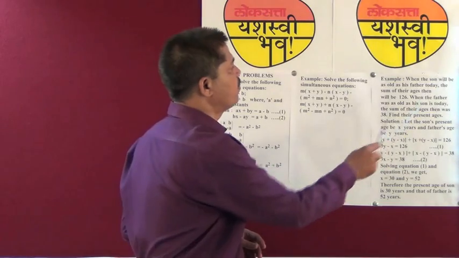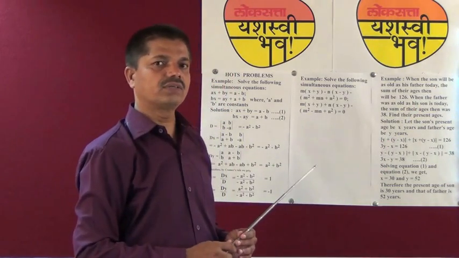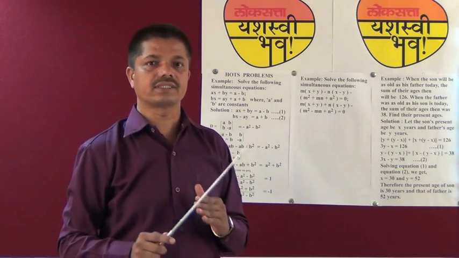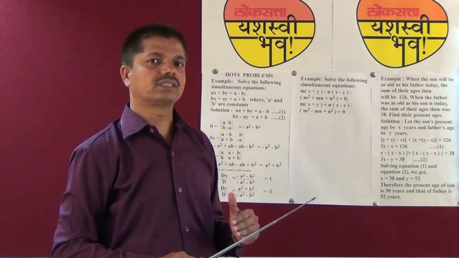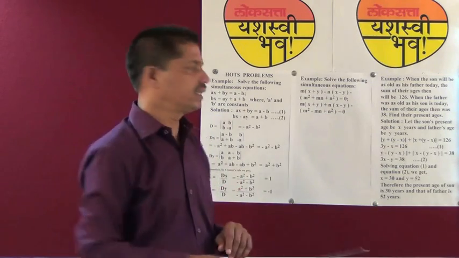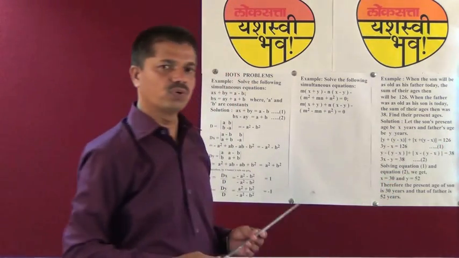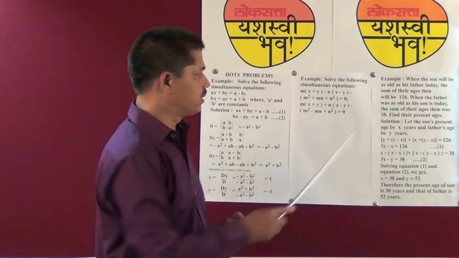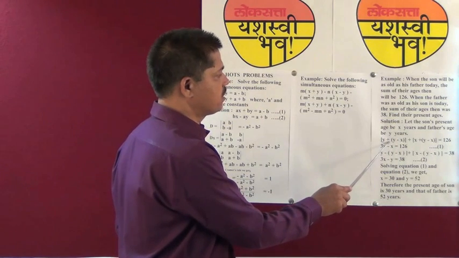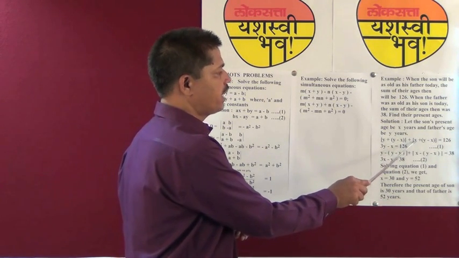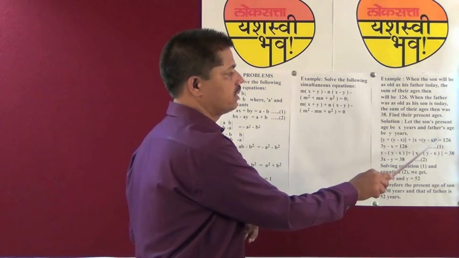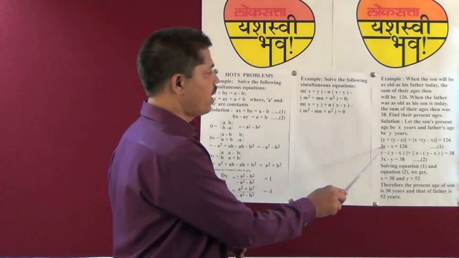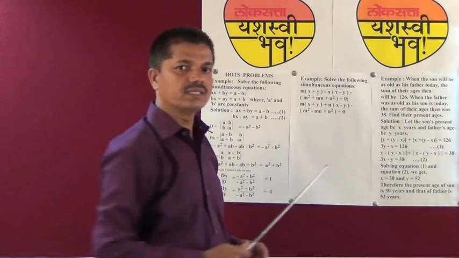The son will be as old as his father after y minus x years, and therefore we add this y minus x years to the ages of father and son. So the sum (y plus y minus x) plus (x plus y minus x) is equal to 126, and the simplified form of this equation is 3y minus x is equal to 126.